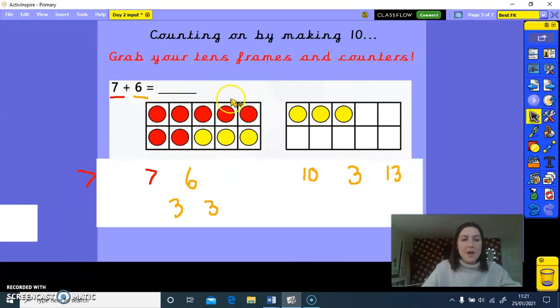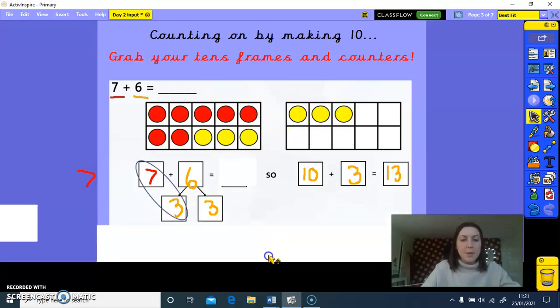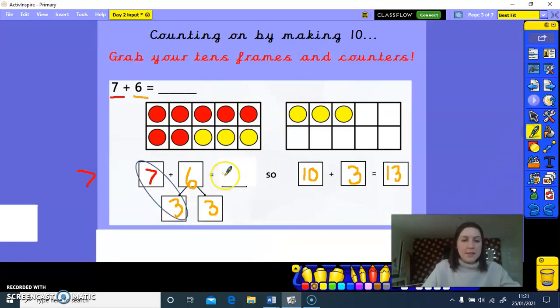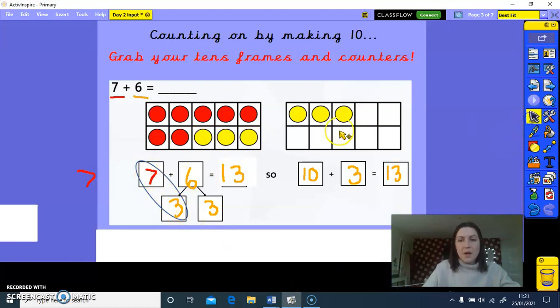I can see this is 10, and then I've got 3 ones. 10, 11, 12, 13. Brilliant maths. So 7 plus 6 equals 13. We worked that out with the 7 counters here, the 3 remaining here to get us to 10, and then we were left over here with 3 more counters, so we had to put that there.